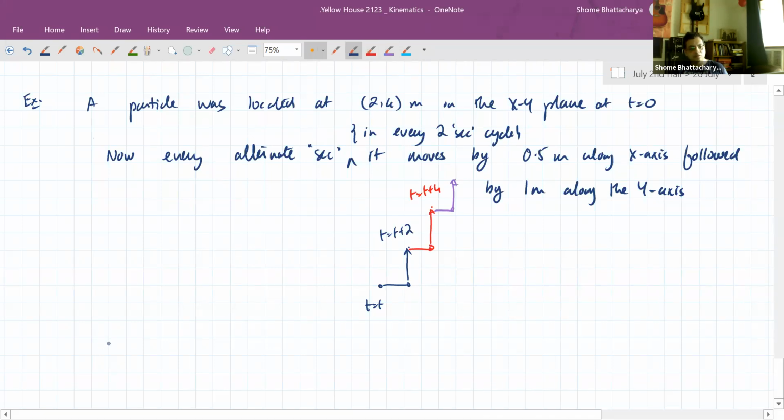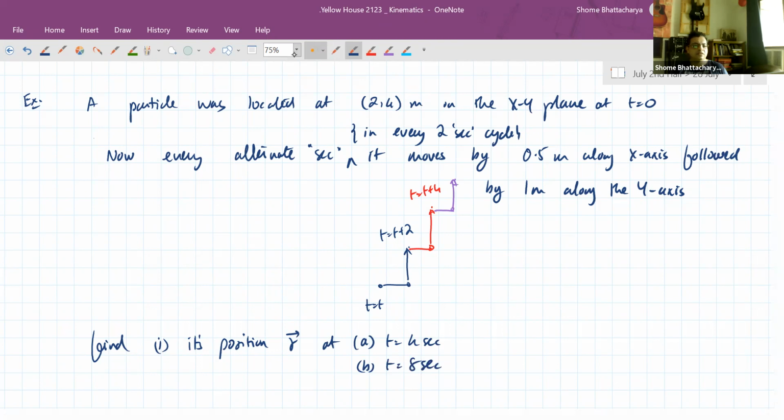Okay. So we have to find its position at t equal to 4 seconds, t equal to 8 seconds.